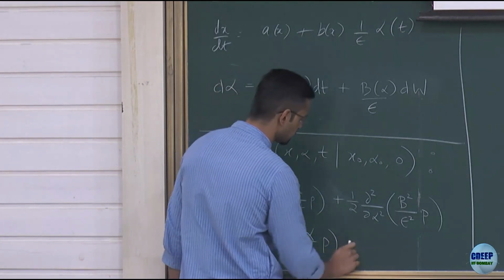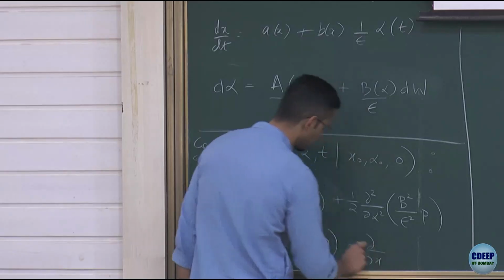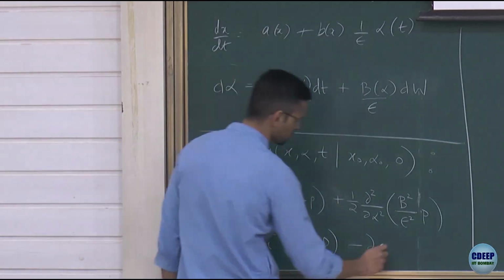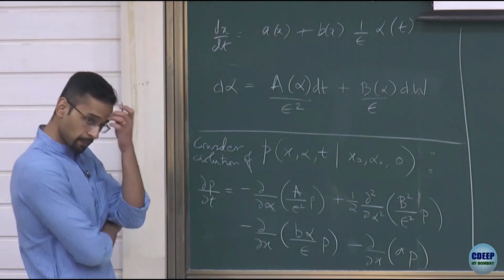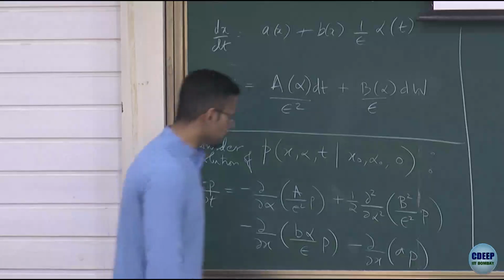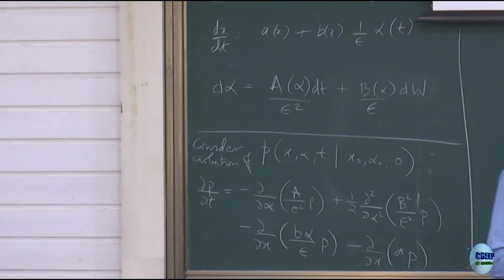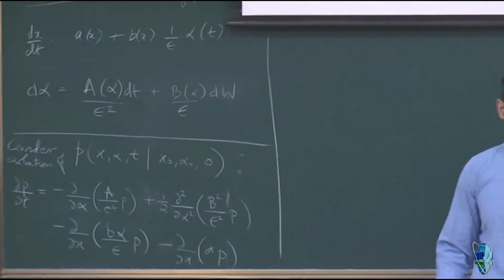And then another term, which I'm just separating out because this has epsilon and that doesn't have epsilon, A p. Okay, so that's the multidimensional Fokker-Planck equation because I have these x and alpha dynamical variables.